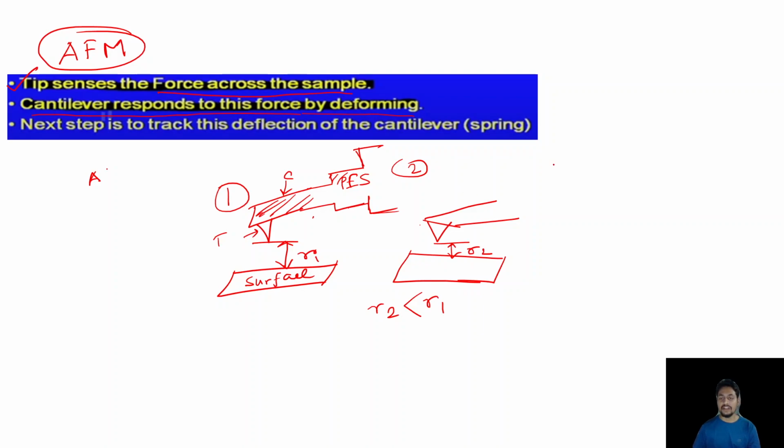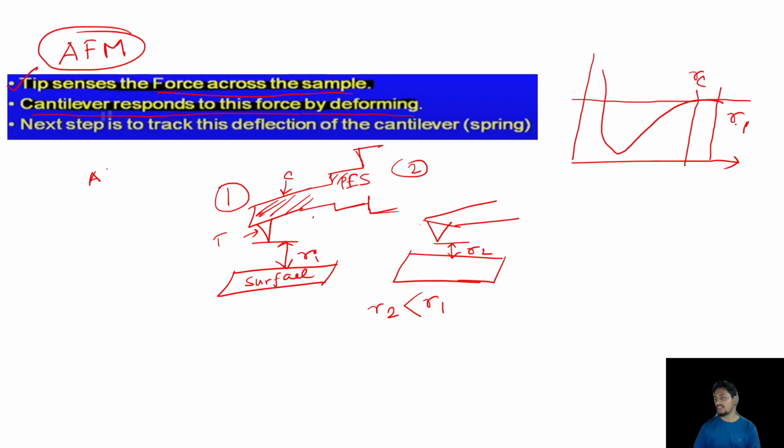So that means, let's say this is the force diagram, and this is the R axis, and at first this is my R1 position. At R1 position there will be no interaction, no attraction, and let's say this is my R2. So some kind of attraction begins at R2.